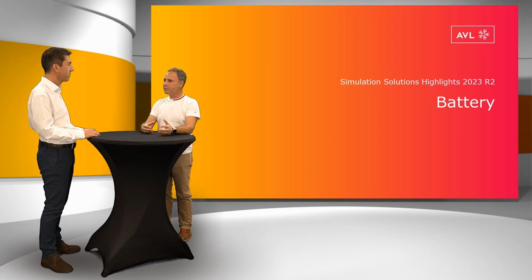But on the other side, we also see there is still a challenge for users to get started with electrochemical models, simply because the parameterization or the characterization of their specific cell seems not to be easy for them. That's why we also added support for doing this parameterization based on measurement data, such as impedance measurements, for example.